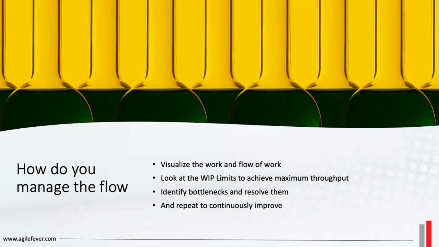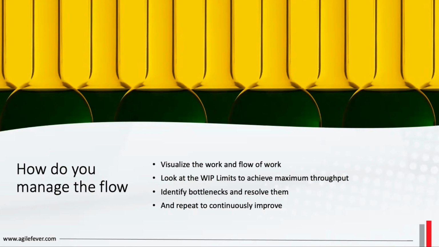And how do you manage the flow? There are various steps, or you can say there are various ways in which you can actually manage the flow. The first one is you visualize the work and the flow of the work. The second is you look at your WIP limits to achieve the maximum throughput.